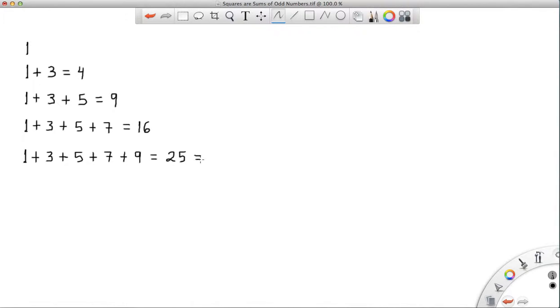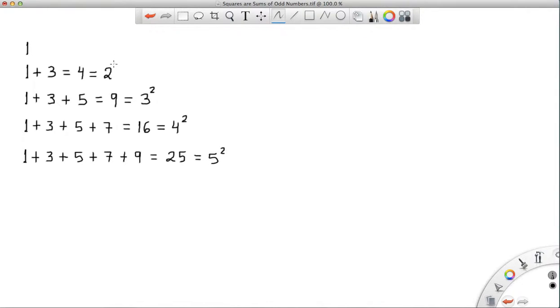25 is 5 times 5, so this is the square of 5. 16 is 4 times 4, so this is the square of 4. 9 is 3 times 3, so this is the square of 3. 4 is 2 times 2, so this is the square of 2.